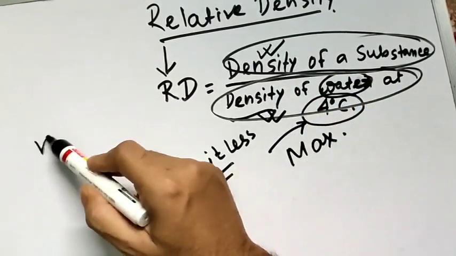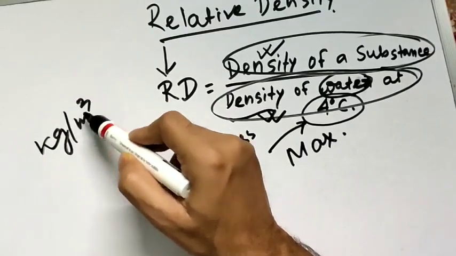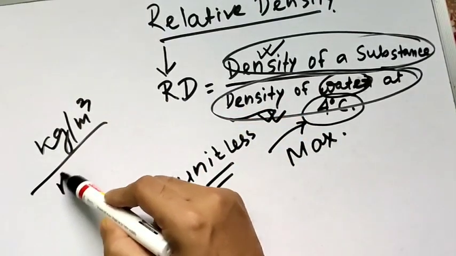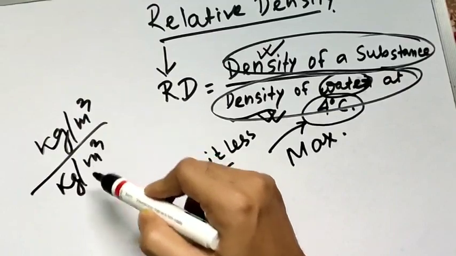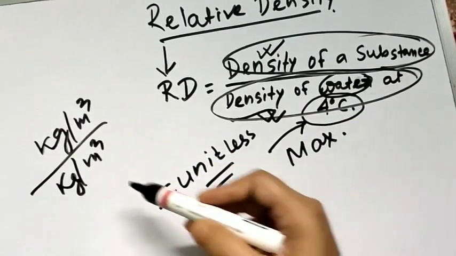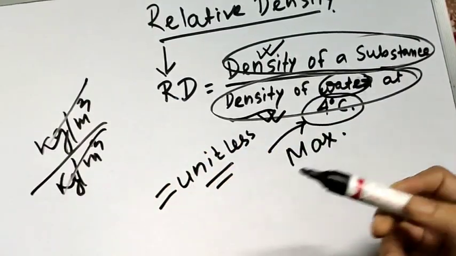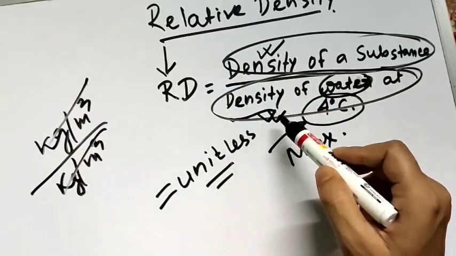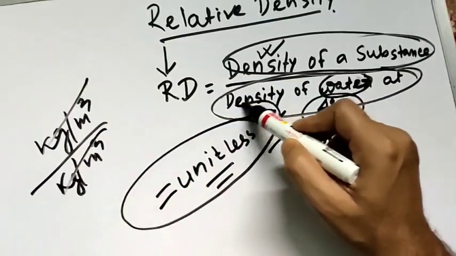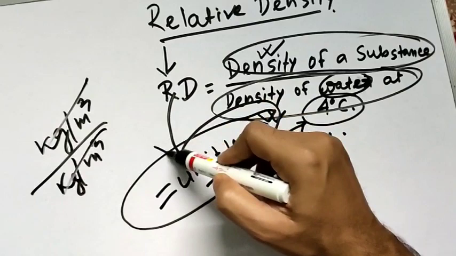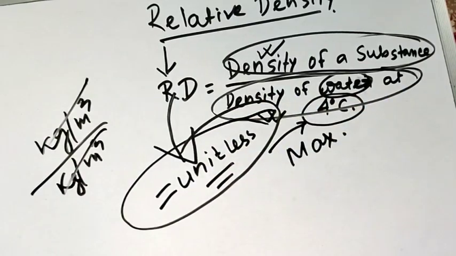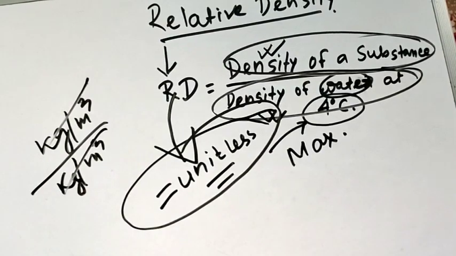Because then density would be what? Kg per meter cube in the numerator, and kg per meter cube also in the denominator. That means we can cancel it, there is nothing. That means relative density is a quantity which is unitless. Okay, so you need to remember this, guys. Relative density is unitless. Now this is the reason.